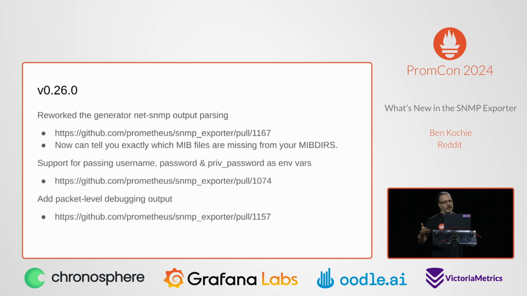It was a big pain because you'd get 1 million parse errors and you'd have no idea what actually was wrong. 90% of the problems with parse errors is actually you're just missing a MIB file in your tree. And so this will now just parse that output from the SNMP C library into something that you can actually use easily, and makes it a lot easier to determine why you've got a problem with your generator.